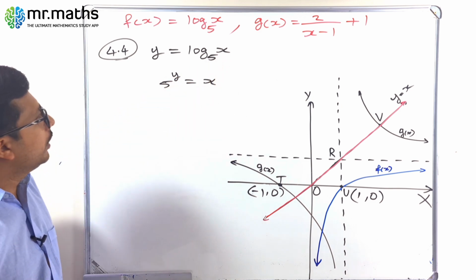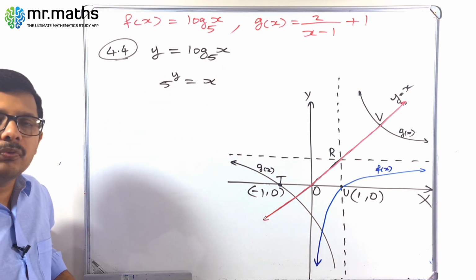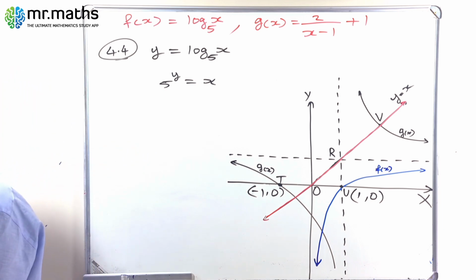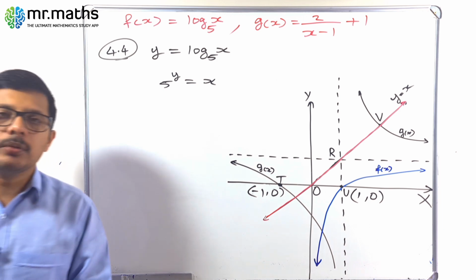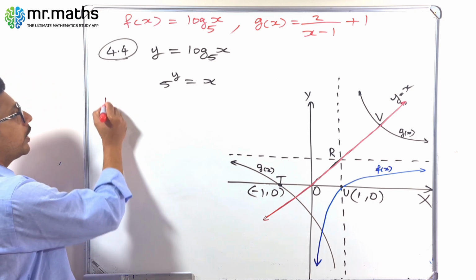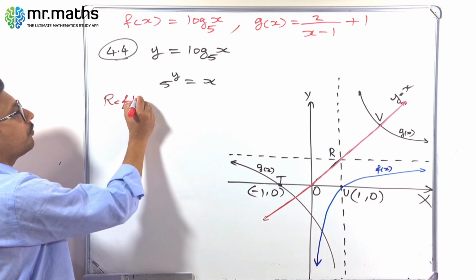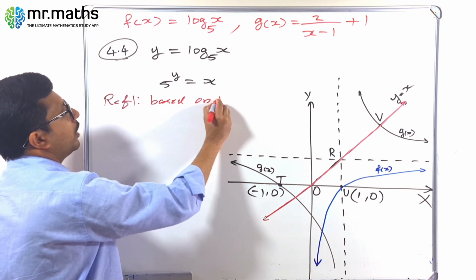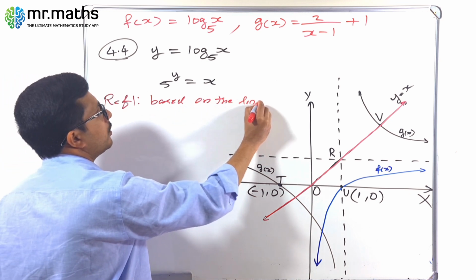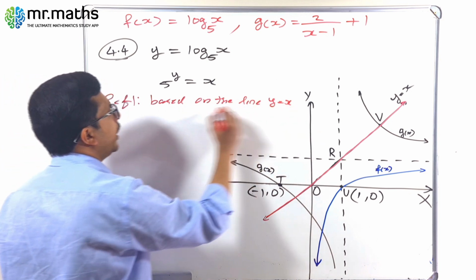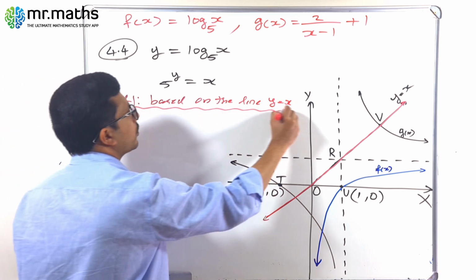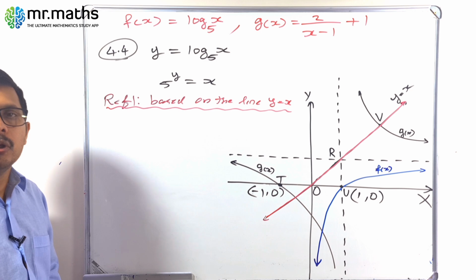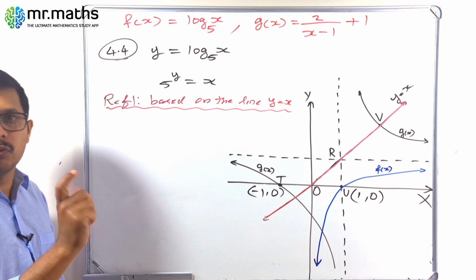Okay, now when you want to find the reflection based on the line y is equal to x, what you have to do is you just swap x and y.